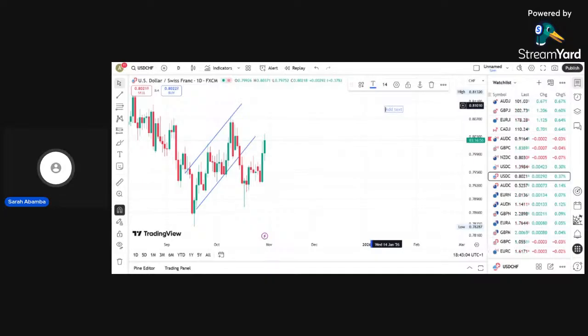The next we are looking at is the two candlestick pattern, and the first one we have is the engulfing bar. The next one is the tweezer.